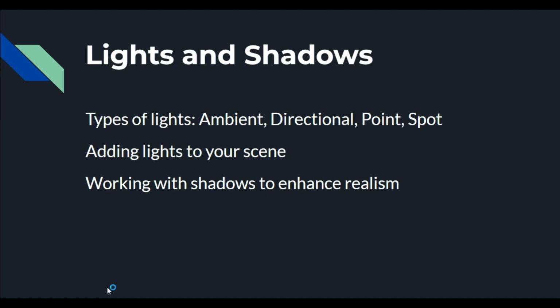Three.js provides several types of light to illuminate your scene. The most commonly used lights are ambient lights, point lights, directional lights, and spotlights. The ambient light provides a soft light that affects all objects equally, while a point light emits light in all directions from a single point, and the directional light is like sunlight shining from a specific direction, whereas the spotlight creates a cone of light.